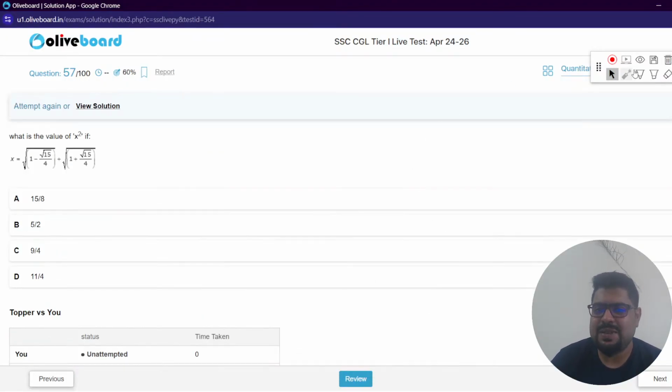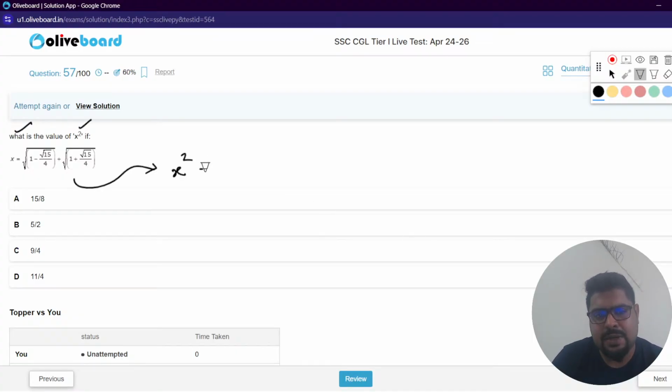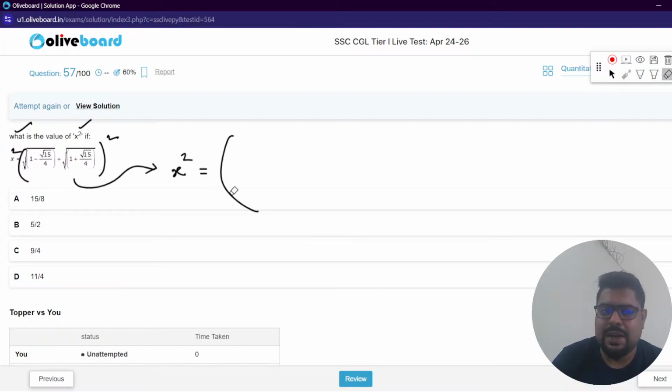Next one, please. This one looks very weird. Acha, they are asking x squared. Oh, acha, in this situation, don't try to figure out the individual value of x, you'll get stuck. So x squared will be what, sir? This will be this thing whole square. So I'm just writing the whole thing.